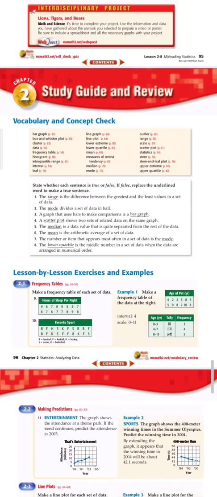Study guide and review. Vocabulary and concept check: bar graph, box and whisker plot, cluster, data, frequency table, histogram, interquartile range, interval, line graph, line plot, lower extreme, lower quartile, mean, measure of central tendency, median, mode, range, scatter plot, statistics, stem and leaf plot, upper extreme, upper quartile.